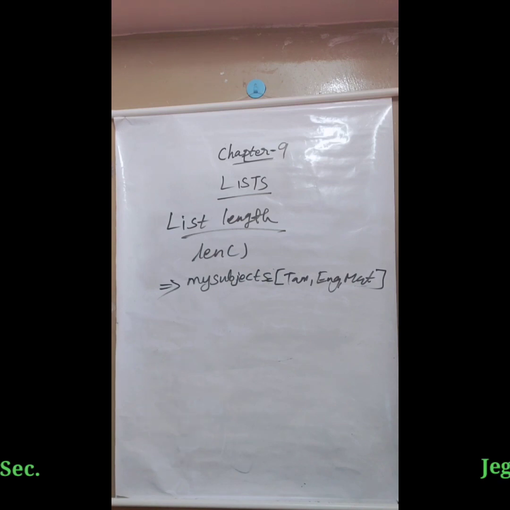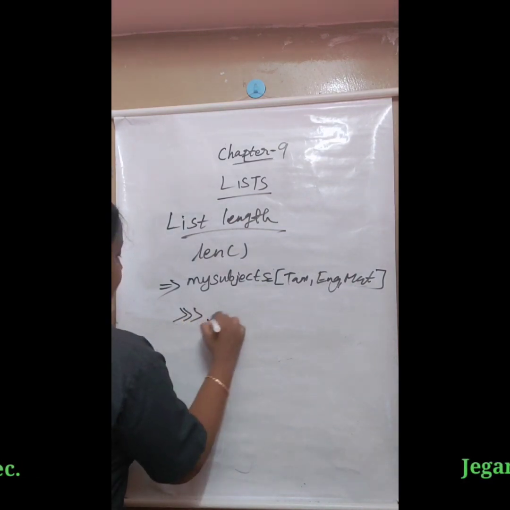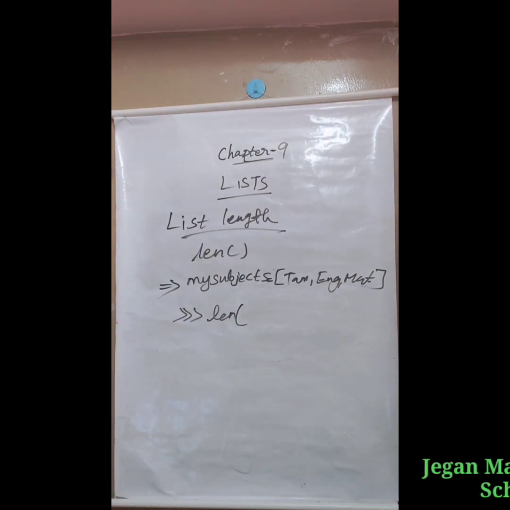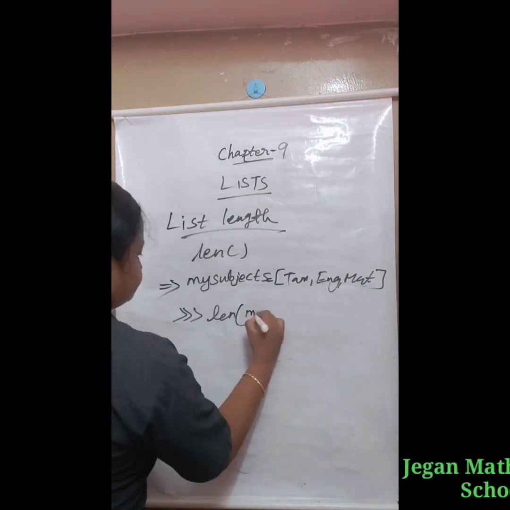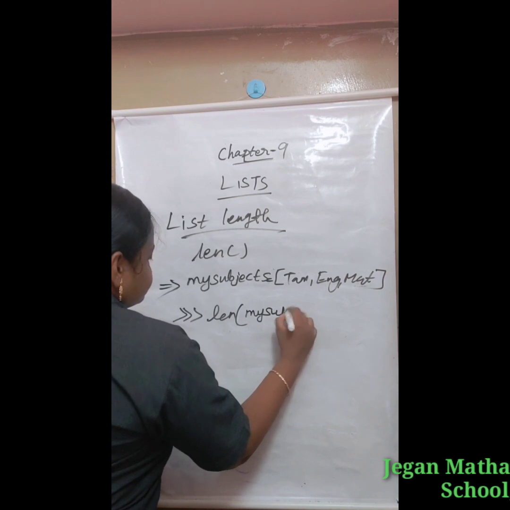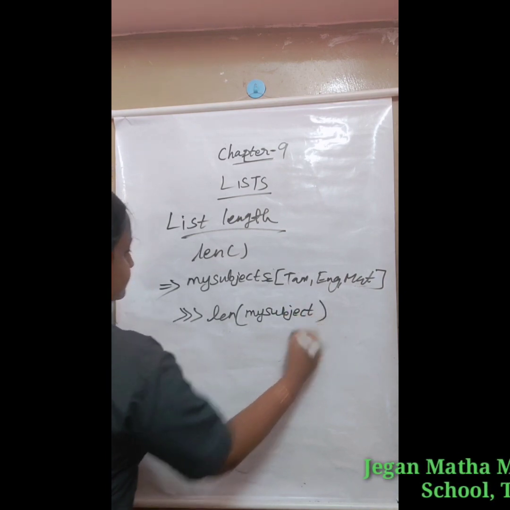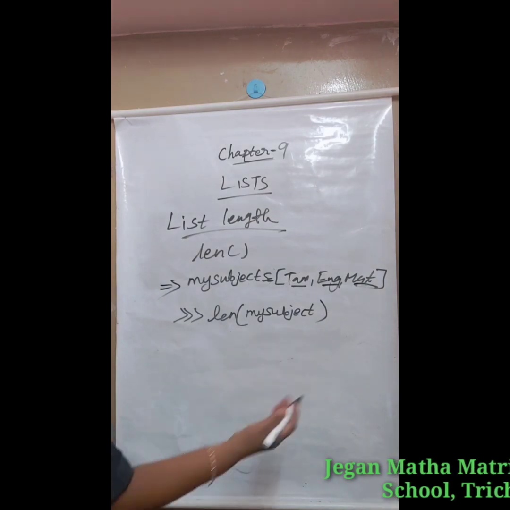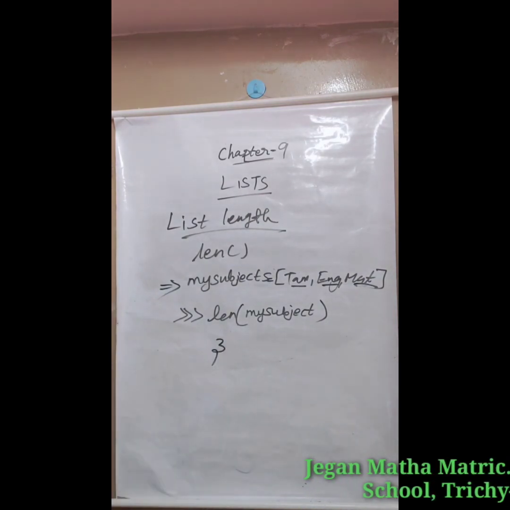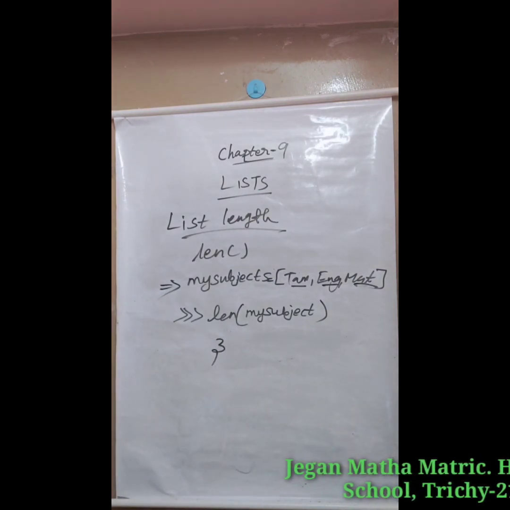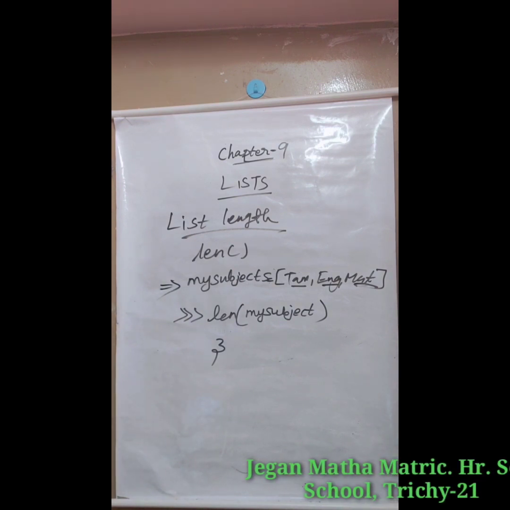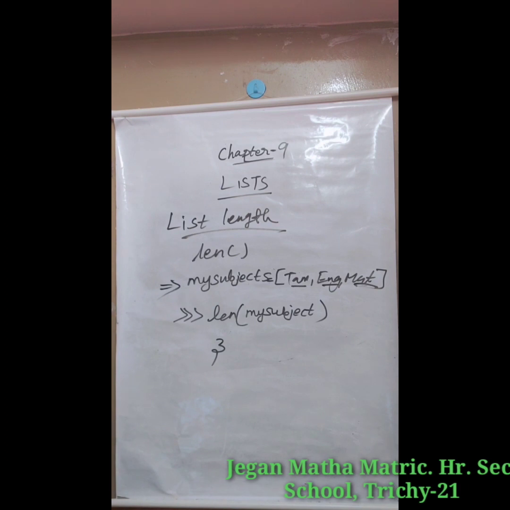The next step, we just need to print the length of my subjects. The output of this one is the length, meaning it counts all the subjects and produces the value. So the length of the list is 3. And next, one more example.